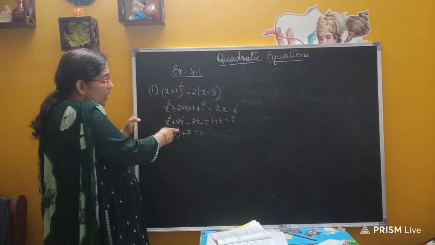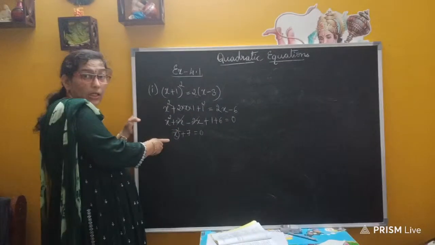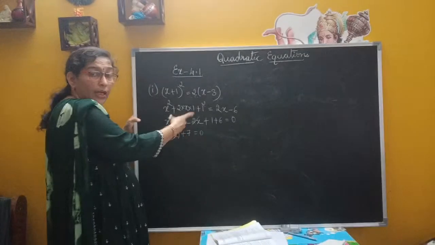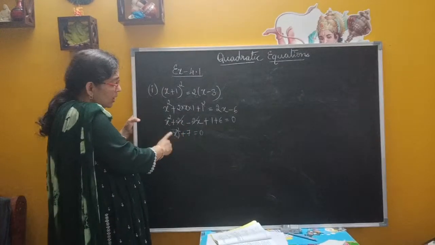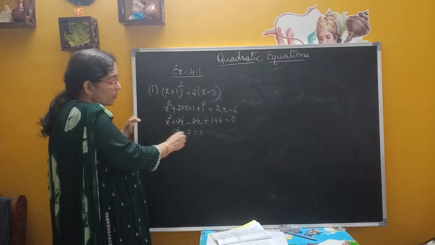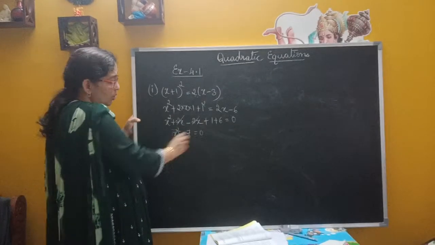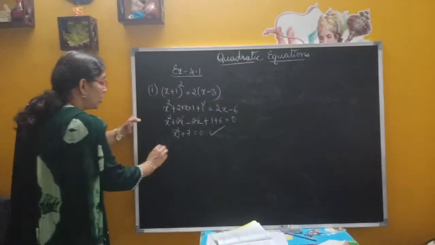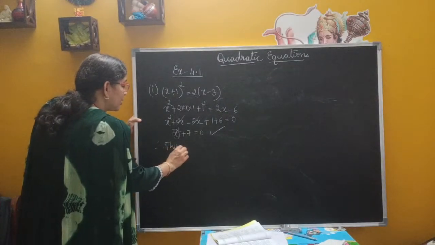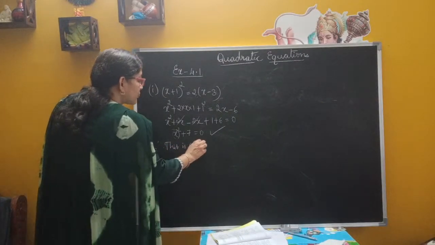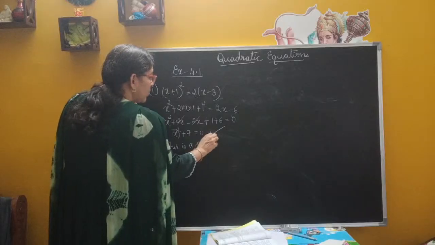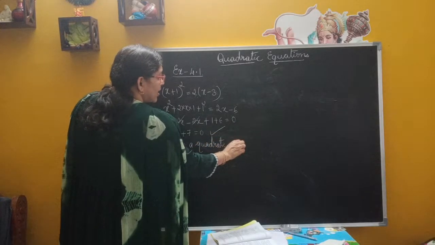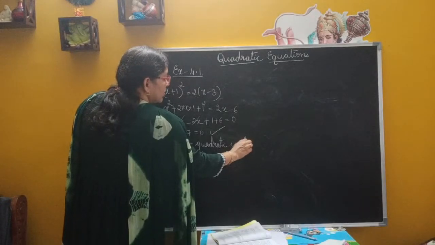Here we don't have the bx term, the second term. In the first term ax square, a is equal to 1 and c is equal to 0. This is a quadratic equation.